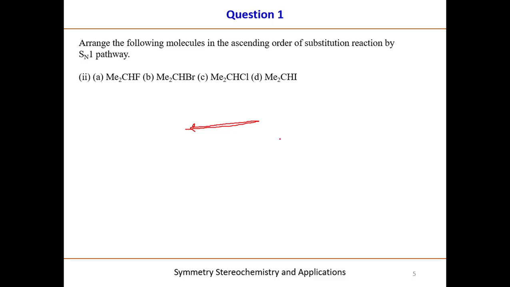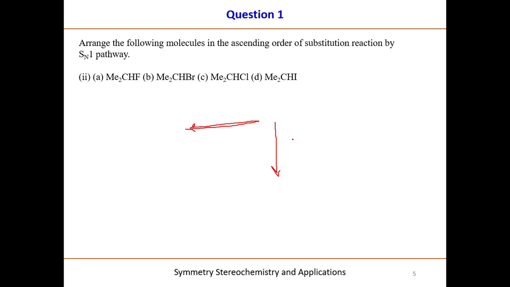Similarly, in case of the group column, as the size increases downwards, the basicity decreases.